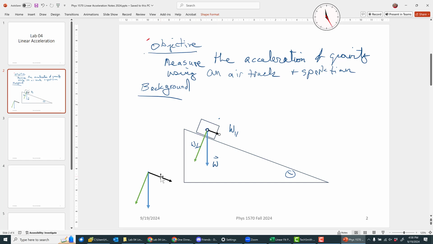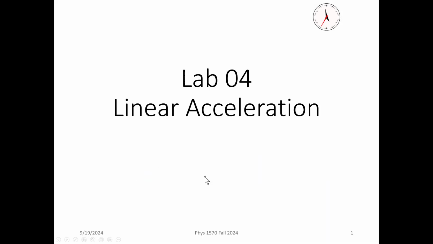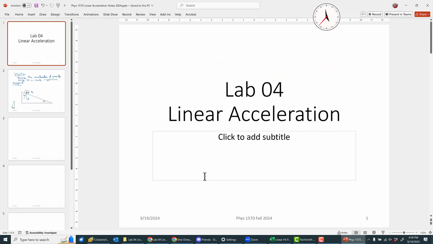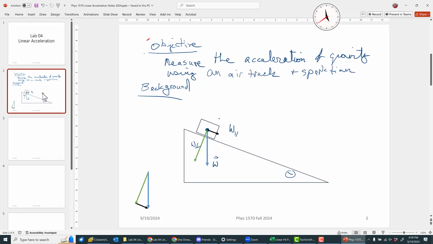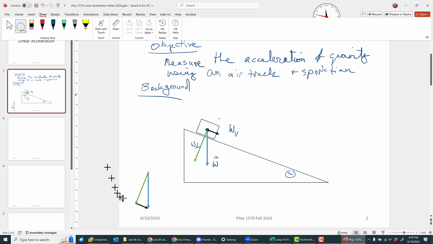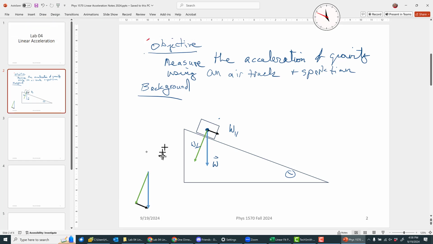By definition, these two are at right angles to each other because they're parallel and perpendicular to that surface. And maybe you remember some trigonometry.